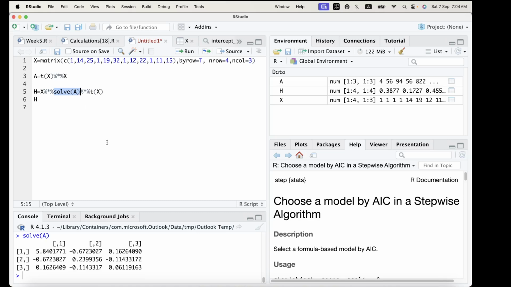Okay, so X transpose X inverse into X transpose Y. So beta will be X transpose X inverse into X transpose into Y. Now what is my Y value?